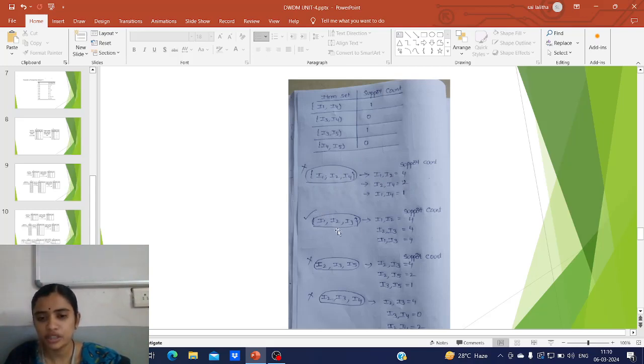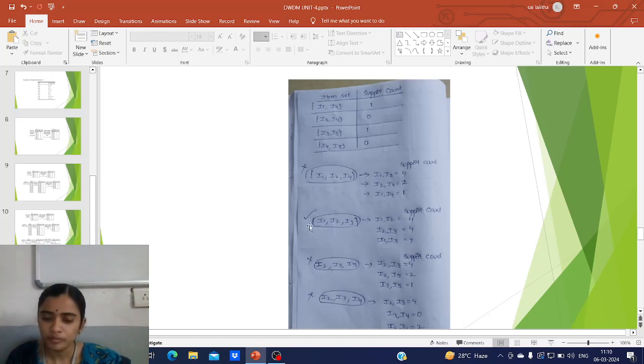Second, I1, I2, I3. Again you have to calculate the support count for the pairs. I1, I2 support count is 4. Okay, I2, I3 support count is 4. I1, I3 support count is also 4. These three item sets satisfy the minimum support criteria. So this combo is possible.